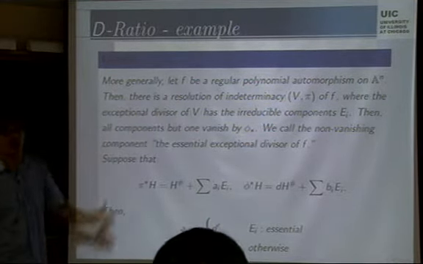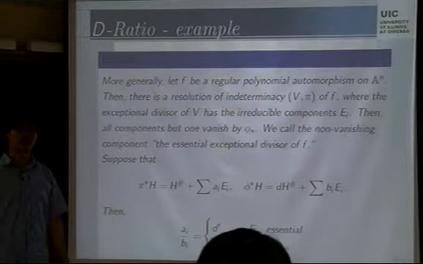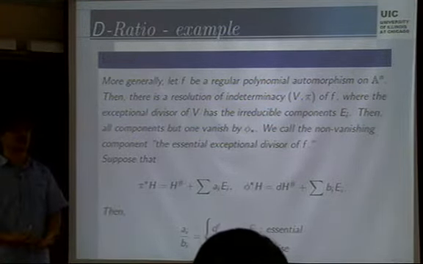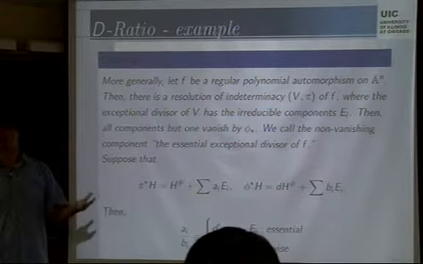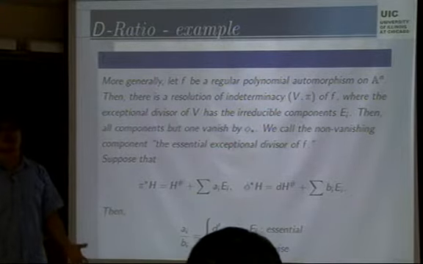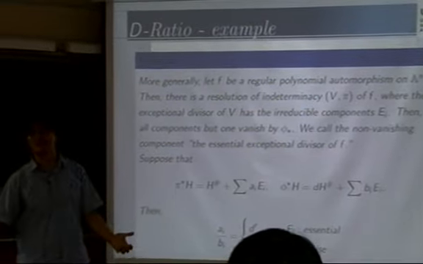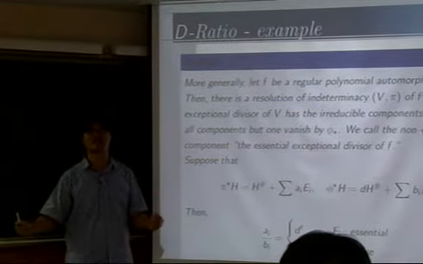Actually, if you have a Hénon map on affine two-space, then your map and inverse map should have the same degrees. But if you have a regular polynomial automorphism in higher dimensions, this map and this inverse map might have different degrees.